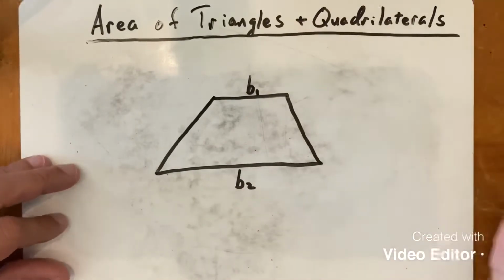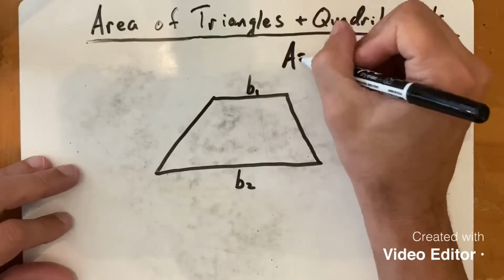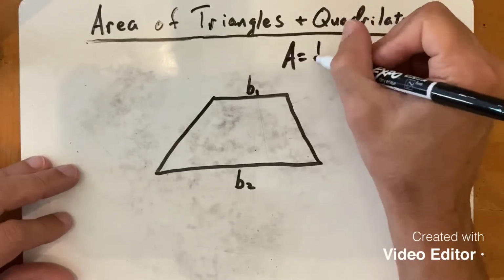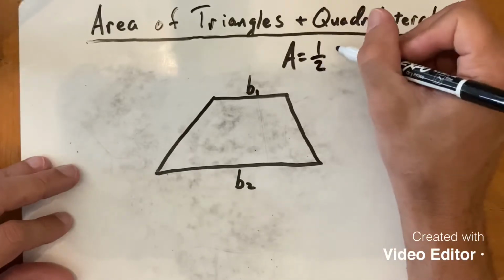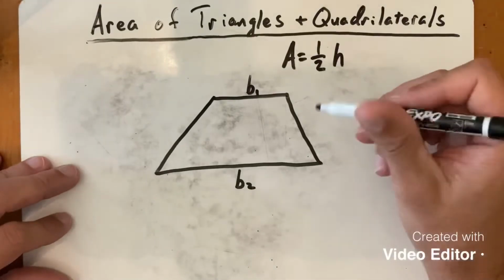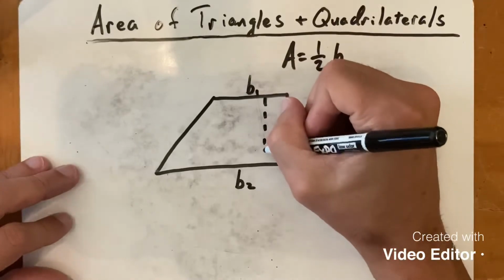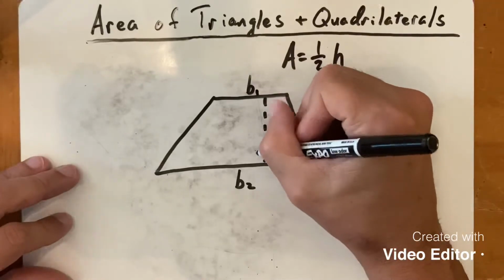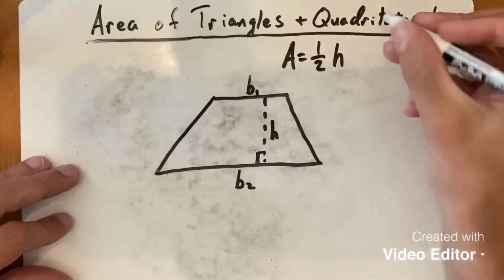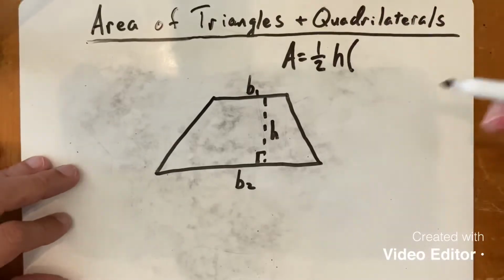So to find the area of a trapezoid, the equation, if you recall, is 1/2 times the height. Remember, the height is still just the perpendicular distance between the 2 bases. So that would be our height, and then we're going to multiply that times the sum of the 2 bases.